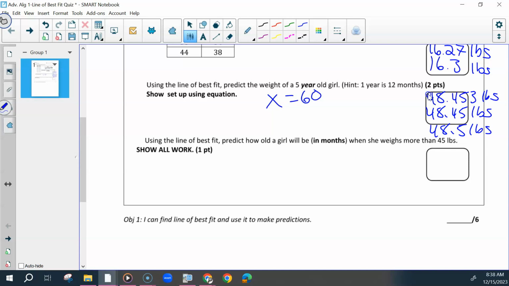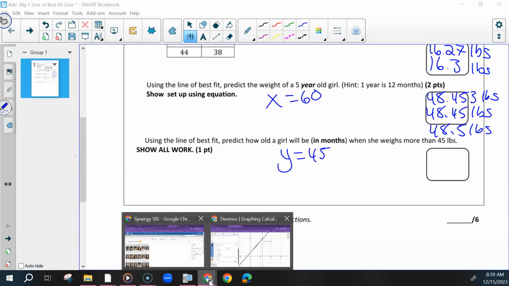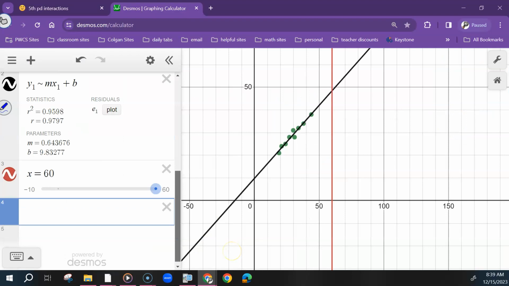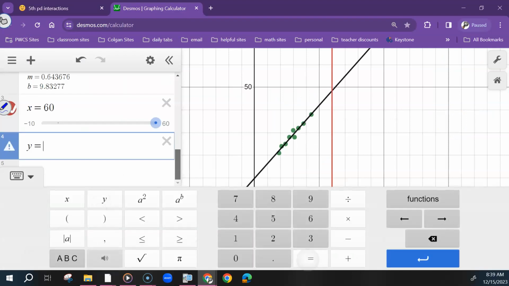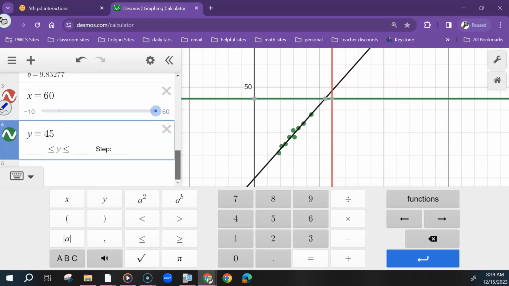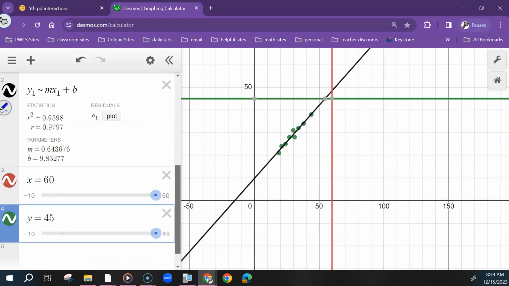The last one, you had to find how old the girl will be in months when she weighs more than 45 pounds. So this is now our y equals. And then you're going to find where those two lines cross.